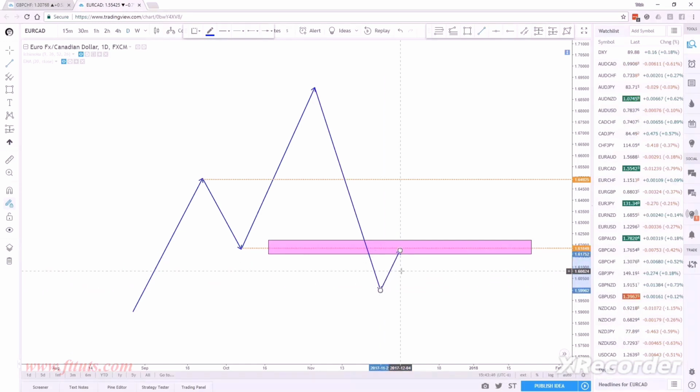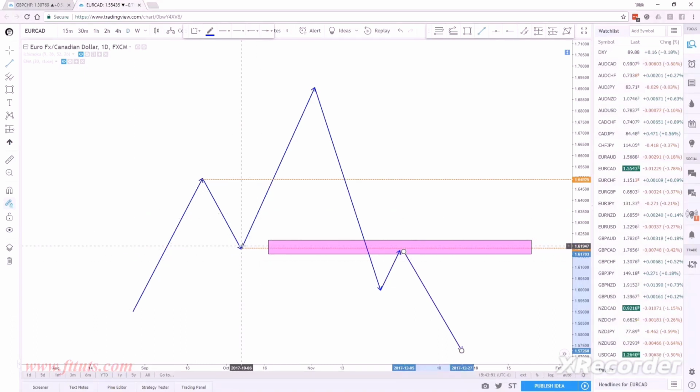Once it's retested, it's become valid. Now we're in a new downtrend, because we've broken this level of structure. And this is just the most basic way using market structure that we can determine if we've started a new trend or if we're just in a consolidation period, possibly a ranging period that's looking to break out.